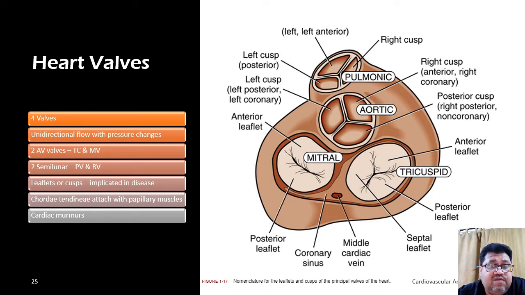When blood flows through these abnormal valves under pathological conditions, it produces a sound which we can pick up through a stethoscope. These abnormal sounds indicate turbulent flow instead of streamlined flow, and these are called murmurs. There are many different types of murmurs, some of which you will learn in auscultation.